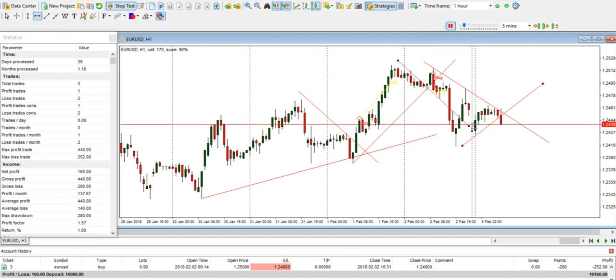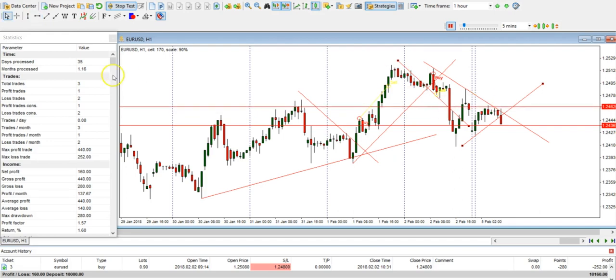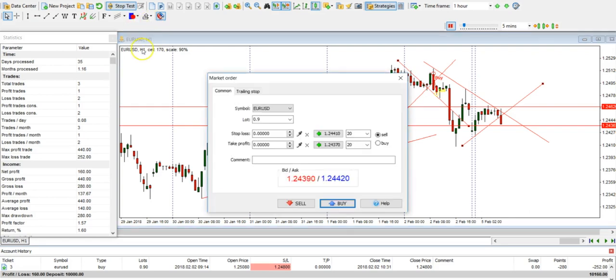So 1.2438, 1.2436, and stop loss is going to be 1.2420. Okay, so we just do F2. We'll put in our order of one lot. Put in our stop loss. That's in real time. This is what you can do. You can put it in just before it happens.